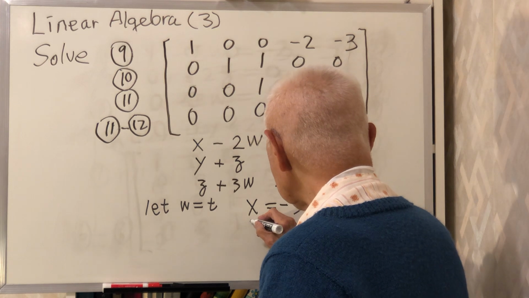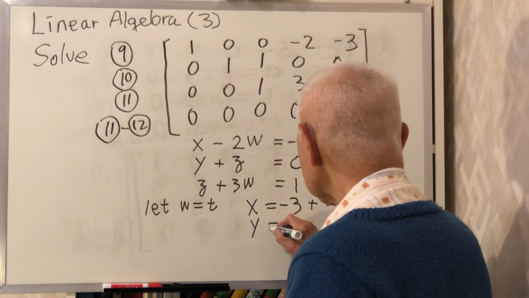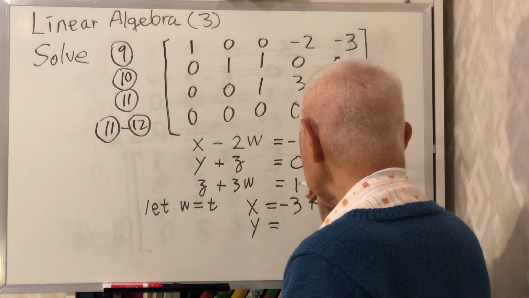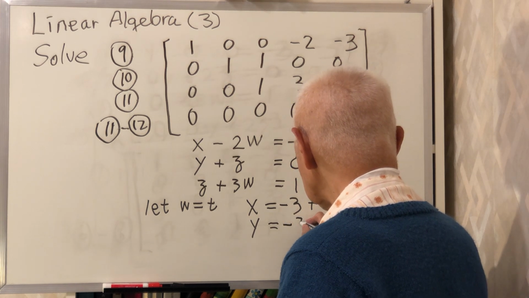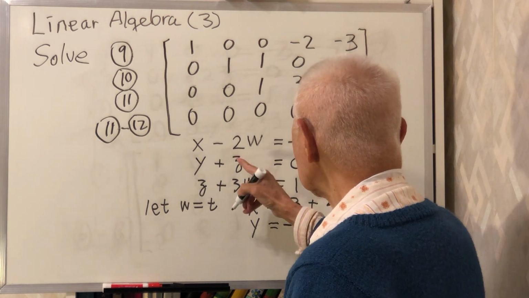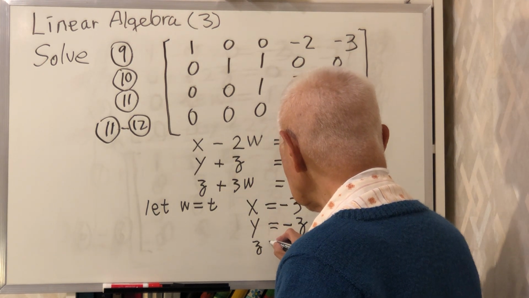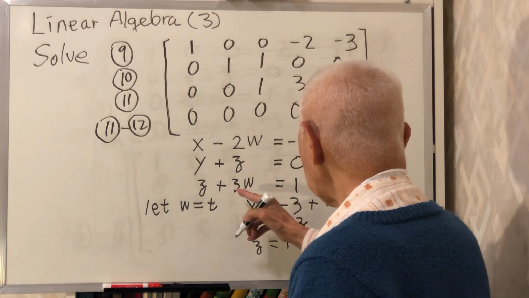Y is, move this to the other side, minus z. Z is 1 minus 3w.